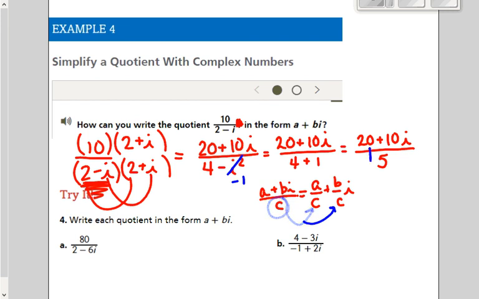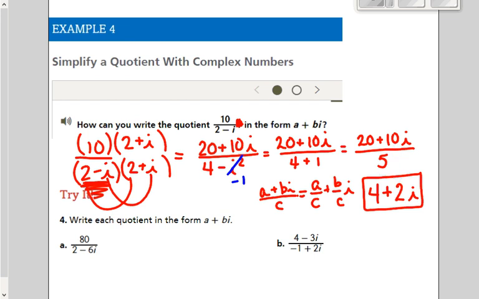So I'm going to take 20 and divide it by 5 and get 4. Then I'm going to take the 10 and divide it by 5 and get 2i. This will be my final answer, 4 plus 2i.